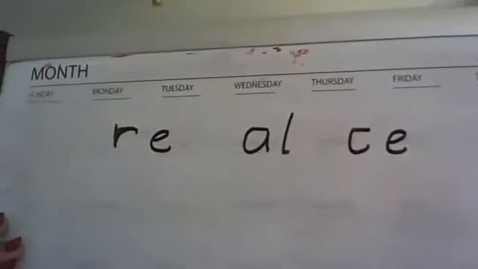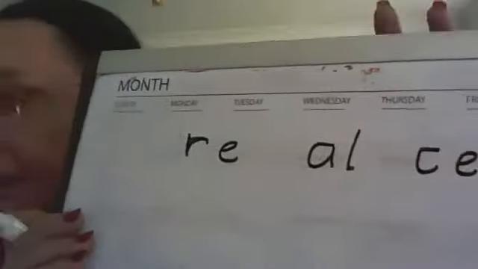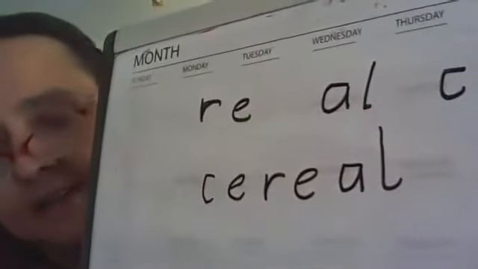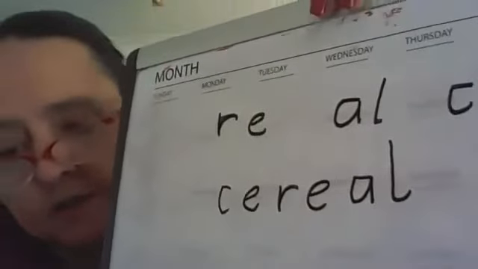Now remember, these words are in the list. Again, it doesn't look like one of the words from the list, does it? What can we do with that? Let's move those parts around. So you're basically moving the parts around. That is a list word.